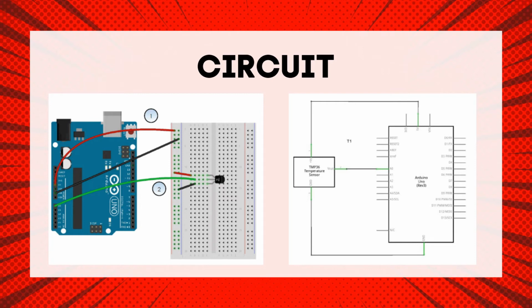Then for the second step, place your TMP36 sensor in the breadboard and connect the wires to the power supply, output, and ground. When facing the label, the power pin is located at the left, the output pin in the middle, and the ground pin at the right.